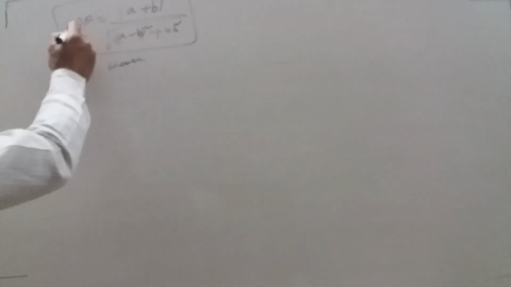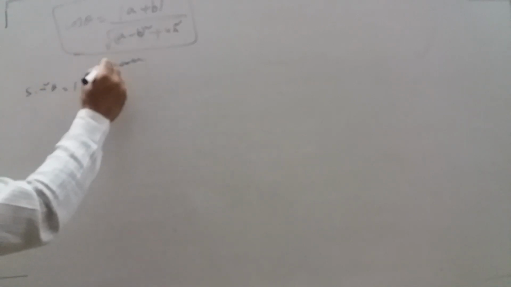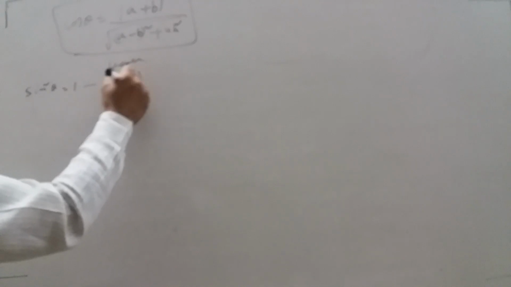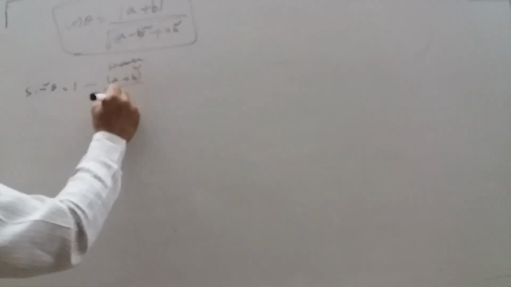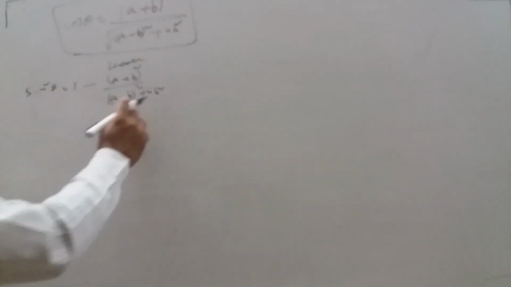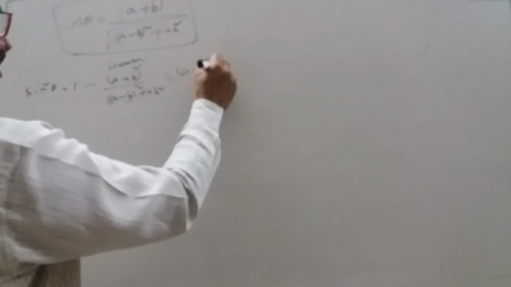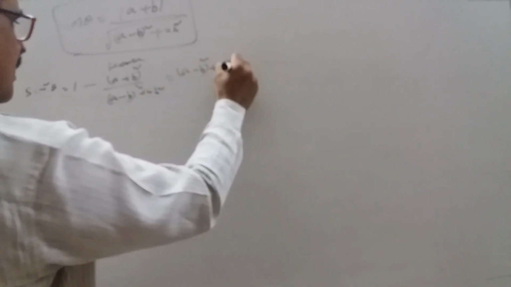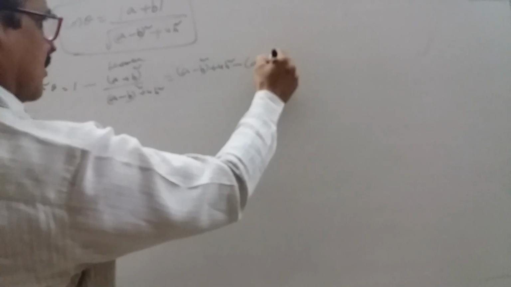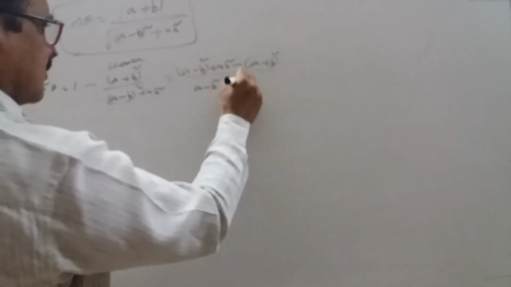That means if cos theta is equal to this, therefore we know that sin square theta is equal to 1 minus cos square theta. That means 1 minus (a plus b) whole square by (a minus b) whole square plus 4h square. Squaring of cos theta. If we simplify, this can be written as (a minus b) whole square plus 4h square minus (a plus b) whole square by (a minus b) whole square plus 4h square.